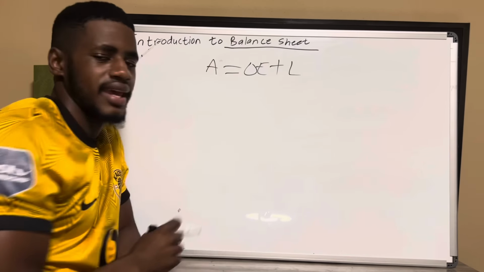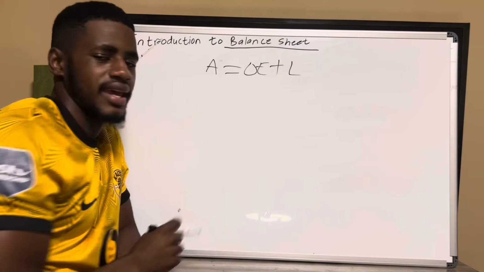Remember, the total of A should be equal to the total of OE combined with L. So if this is 5 and this is 3, this should be 8. Good work. Because A must always be equal to owner's equity plus liabilities. So this is what we are going to be talking about here in balance sheets.